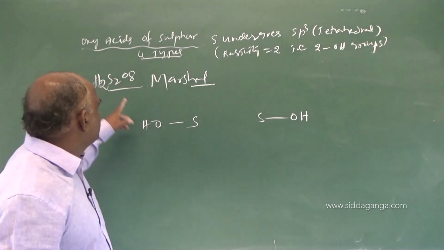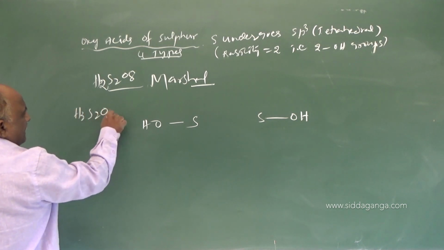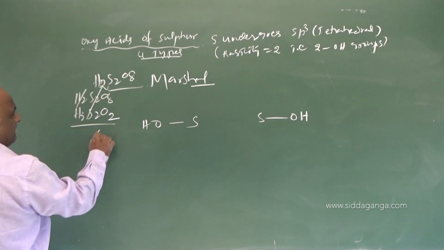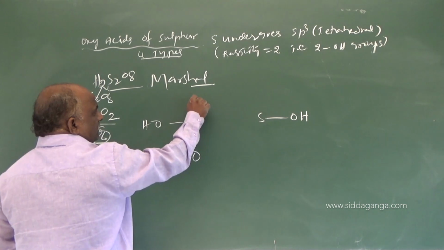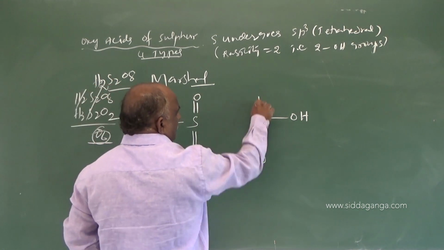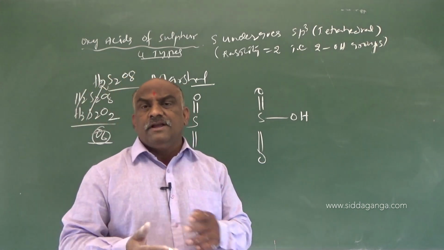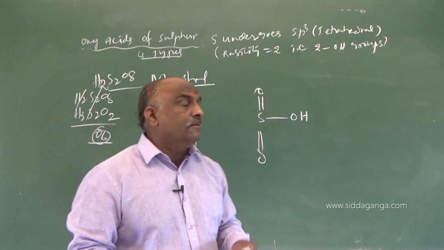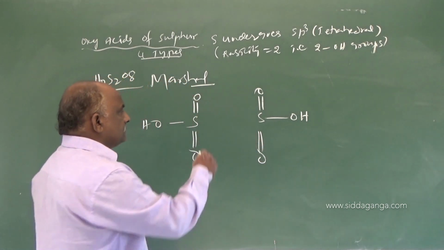After writing SOH, we know that this is H2S2O2. Our formula is H2S2O8, so still we require 6 oxygen atoms. Oxygen 1, 2, 3, 4: 4 oxygens are over. Still we require 2 oxygens. Those 2 oxygens can be arranged between the 2 sulfur atoms with a single bond like this.